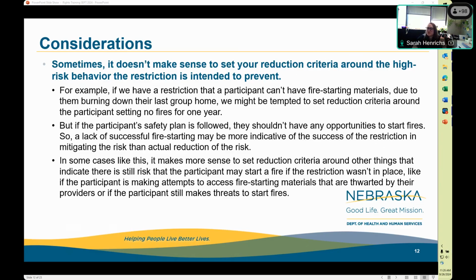So say there's never any GERs for successful elopement, because we have alarms and because staff are alerted to follow them every time they try to elope, so they never actually leave staff supervision. So there's no successful elopement, there's no AWOL GER, but if they're still going to the door, or if they're still setting off the alarm and staff are having to go retrieve them, those are indicators that that risk is still there.